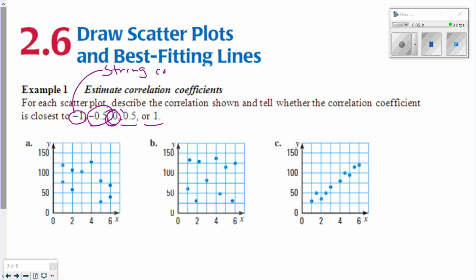So -1 is a strong correlation and negative slope.